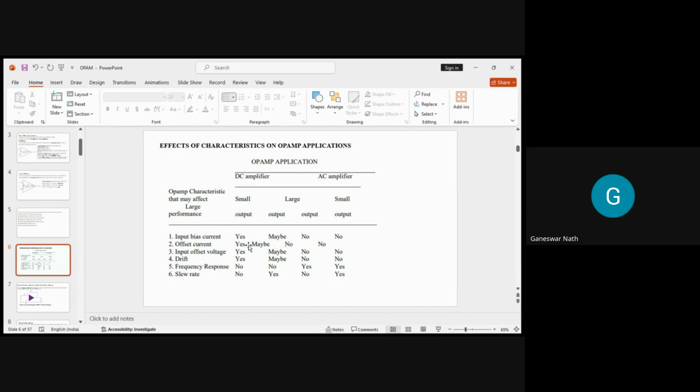For large output you can find this may be, or yes, and output also is no. For the AC amplifier there is a small signal output, that is also no. So these are some comparative studies, the effects of the characteristics of some op-amp applications you can find in many cases here.